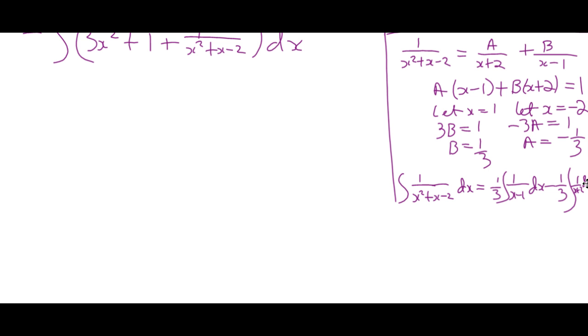So 1/3 is common here. Just imagine taking it out and then doing these. So ln of x minus 1, not a curve, minus ln of x plus 2, plus some arbitrary constant, which I will call C1.